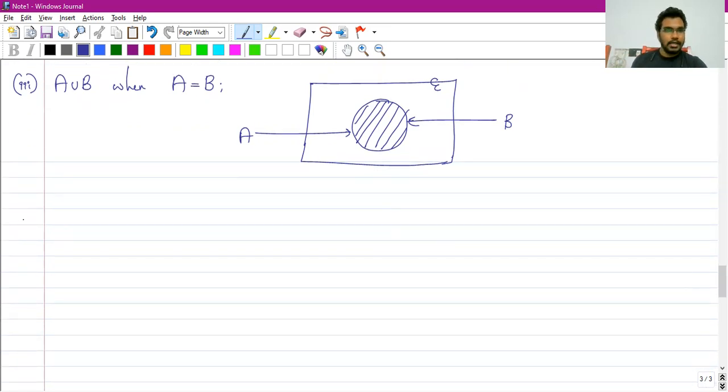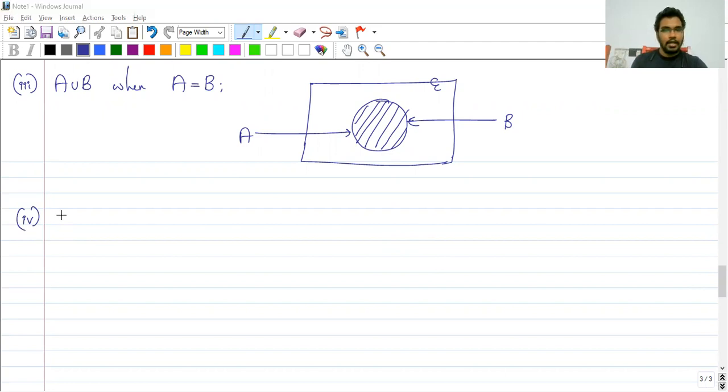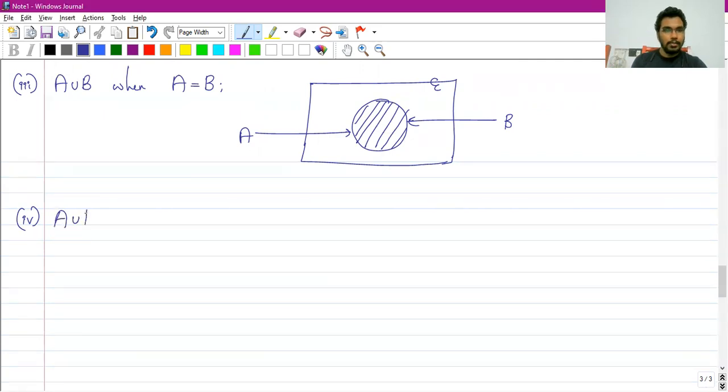Next one, I can take another instance. Fourth instance, we can say A union B when these are disjoint sets. That means when A intersection B is a null set. So you have learned this.